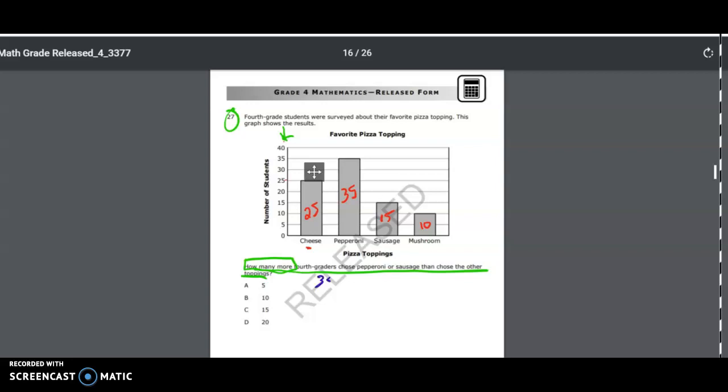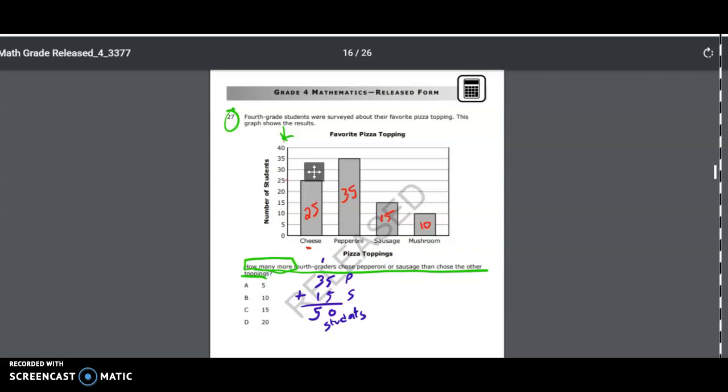You got 35 for the pepperoni and 15 for your sausage. You add those up, 5 and 5 is 10. You have to regroup. So you got 1 plus 3 is 4, plus another 1 is 5. So 50 students chose pepperoni or sausage.